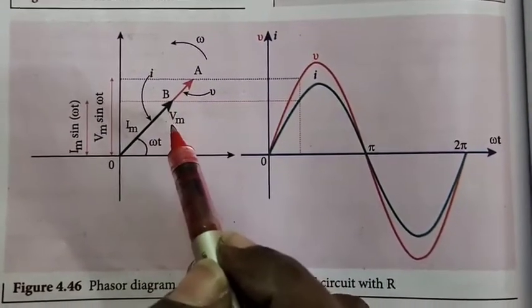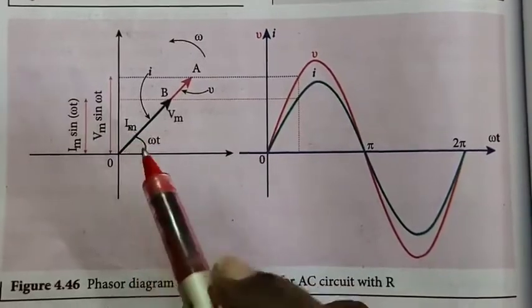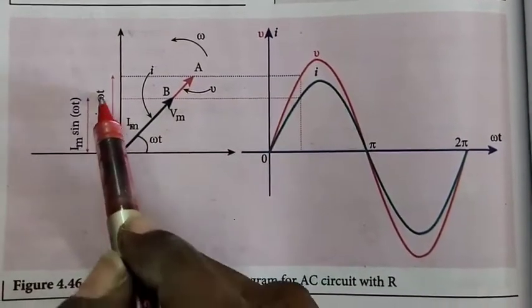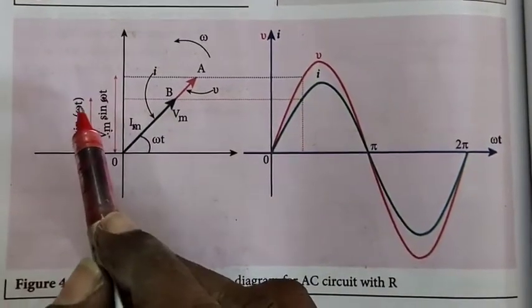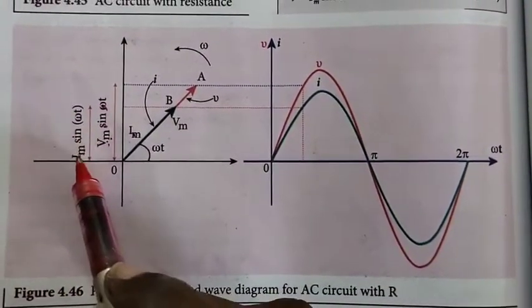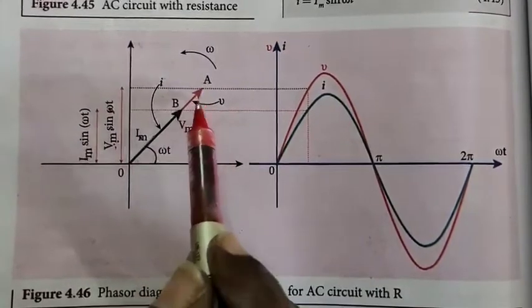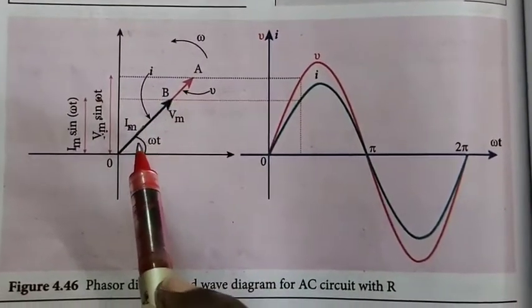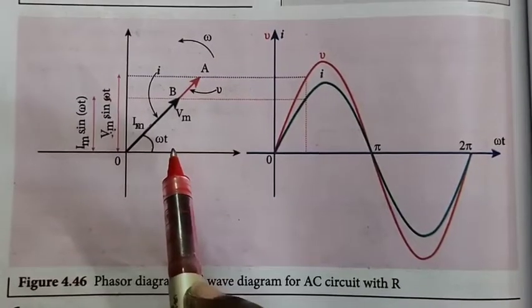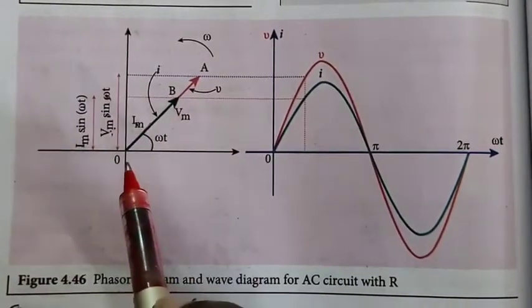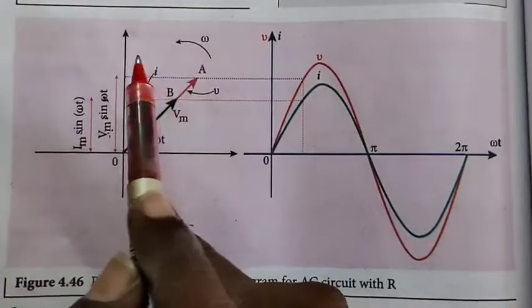That means maximum voltage and maximum current. Vm sin omega t shows the instantaneous voltage, and Im sin omega t shows the instantaneous current. This phasor makes an angle omega t with the x-axis, which shows the phase difference between current and voltage. Now omega is the angular velocity.